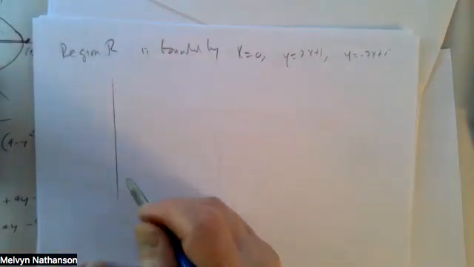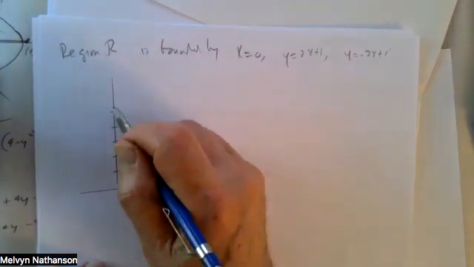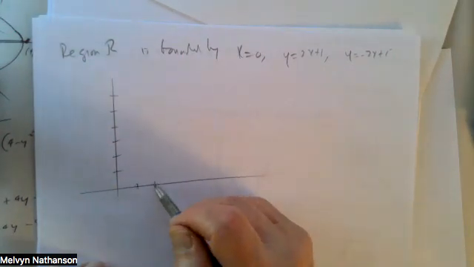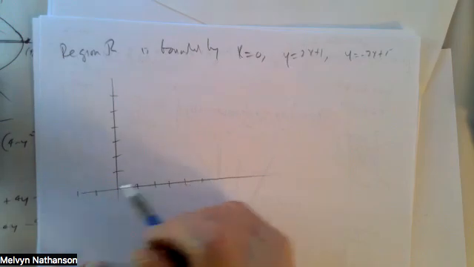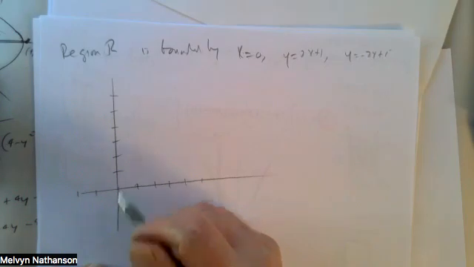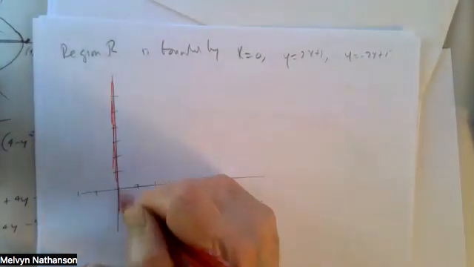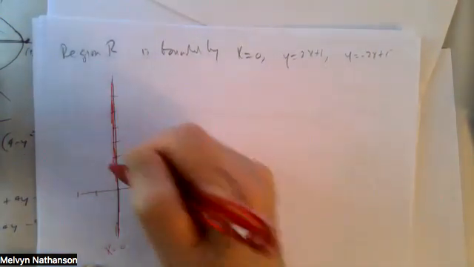So we have to figure out what part of the plane this is. So what is x equals 0? x equals 0 is the y-axis. That's all the points with x equals 0.